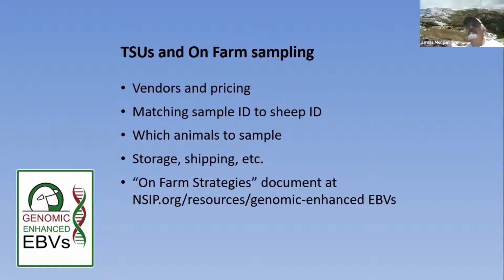Enough said. There's been some discussion this week amongst a number of people running some possible scenarios in terms of matching sample ID to sheep ID. Folks seen those discussions on the Katahdin chat group? Yep. I didn't pay a whole lot of attention to it, but I did see there was a discussion.